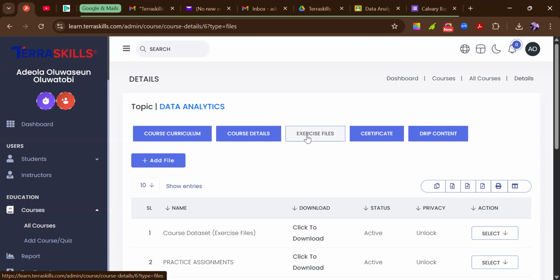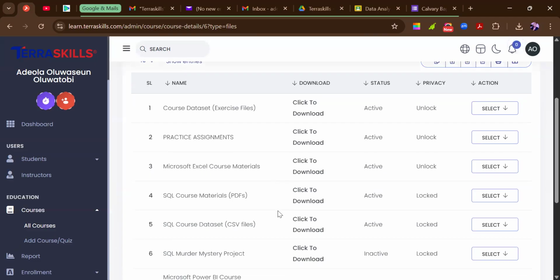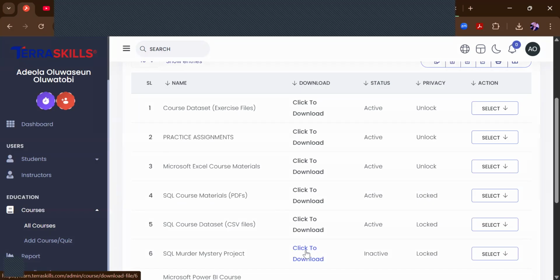If I, as an employer, see a murder mystery SQL practice in your portfolio, I will believe that you understand your SQL and know how to make use of your database. That is why I have prepared this murder mystery project, which is going to be our SQL capstone project.